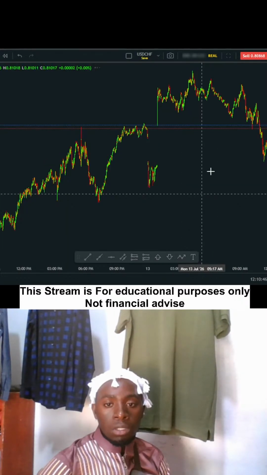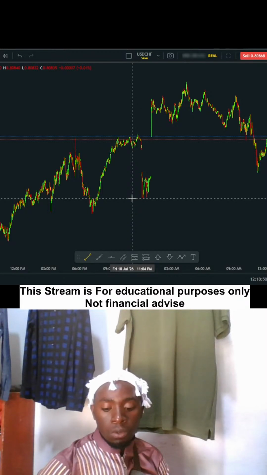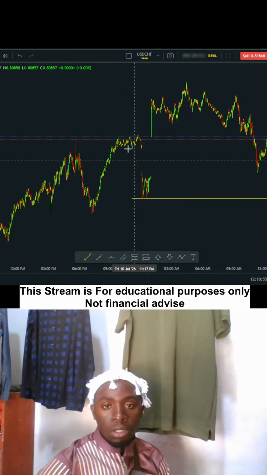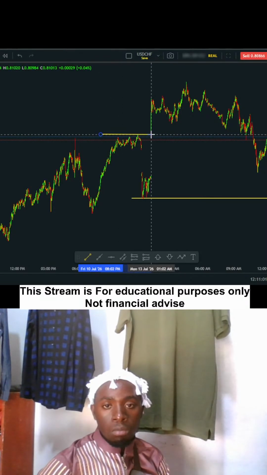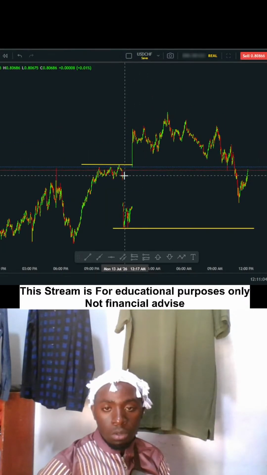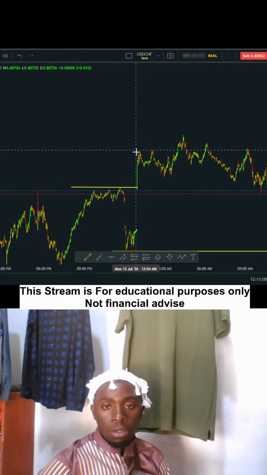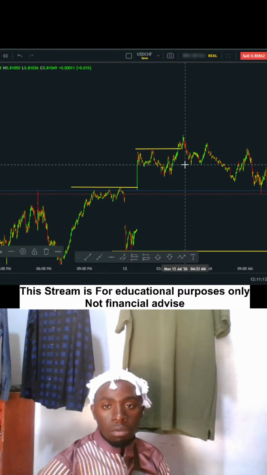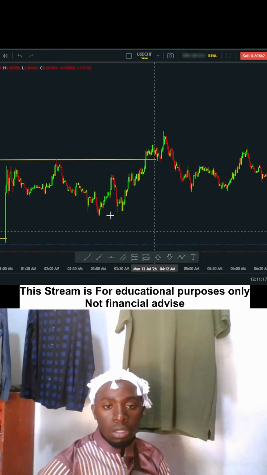So I'll go ahead and mark the structure. We shall consider this as our low and this as the high. If you go further, you notice that a new high was created after this. Let me zoom in so you can see clearly what happened.